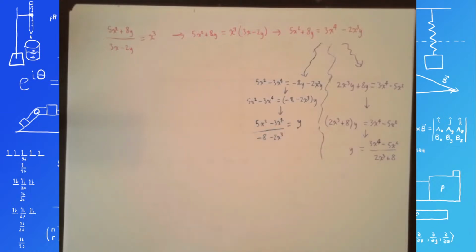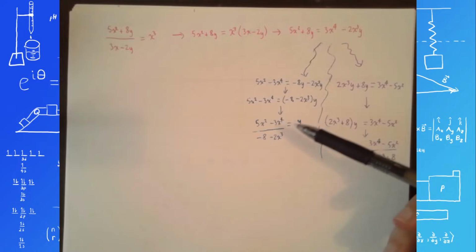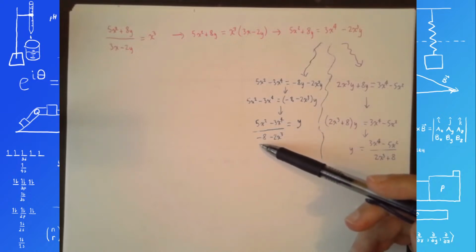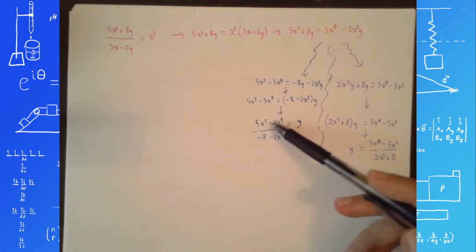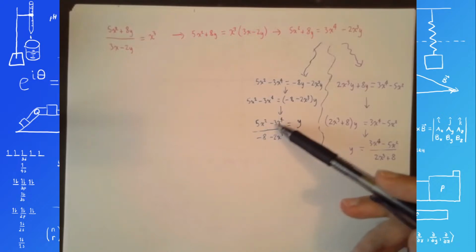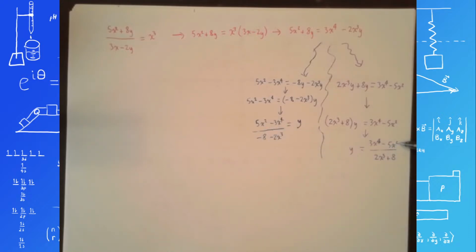Reversing the order of subtraction is the same as applying a negative sign. And if I look at the negative 8 minus 2x cubed, well, I've got two minuses. I can factor those out into a negative, so there you go. I've got a negative in the bottom that was distributed over these two terms, and I've got a negative in the top because I've flipped the order of subtraction compared to what I have over here in purple.